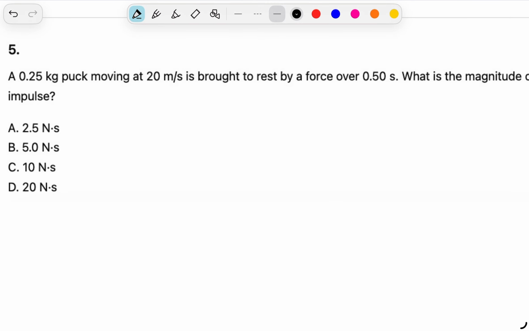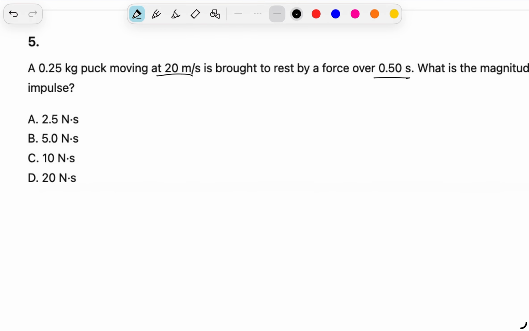A 0.25 kilogram puck moving at 20 meters per second is brought to rest by a force over 0.5 seconds. What is the magnitude of the impulse? So, impulse is equal to m delta v. Our mass is 0.25.